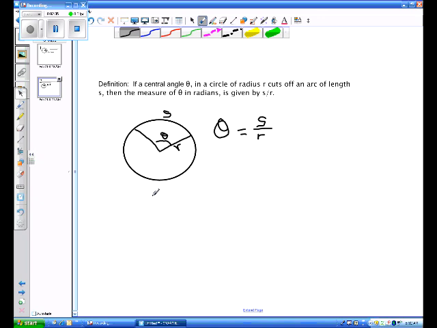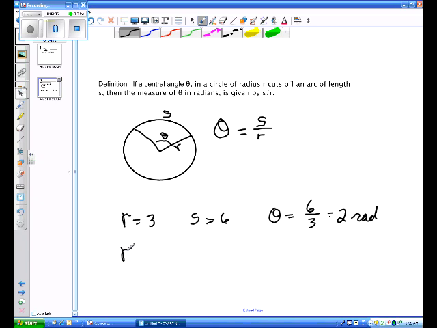And this is measuring theta in radians. So if we have our circle and our radius is 3 and our arc length is 6, then our central angle would be 6 divided by 3, or 2 radians. And that would be the measure of our central angle, and it's based upon real numbers.